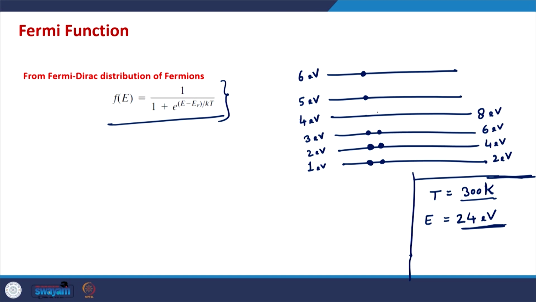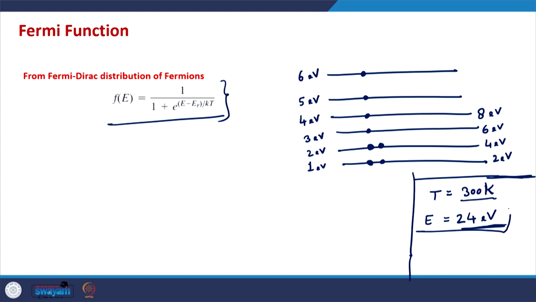So, one of the electronic configurations could be this. In this case, the energy of the system would be 6 plus 5 plus 4, 15, plus 3, 18, plus 2 plus 2, 22, plus 1 plus 1, 24 eV.